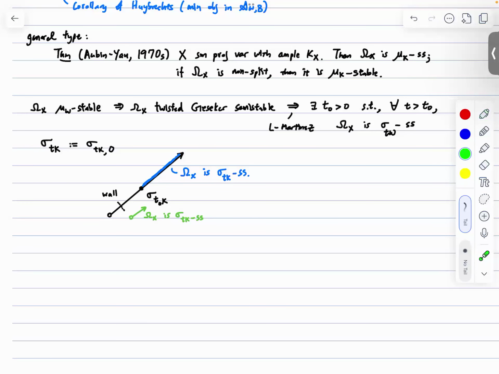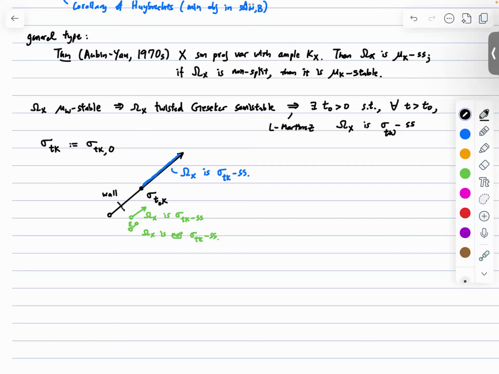And then at least for a small part of the interval below this wall, we know the cotangent bundle is not Bridgeland semi-stable. So if you go just a little bit below this wall, say by epsilon, then the cotangent bundle is not Bridgeland semi-stable.